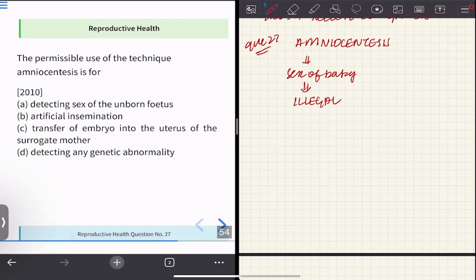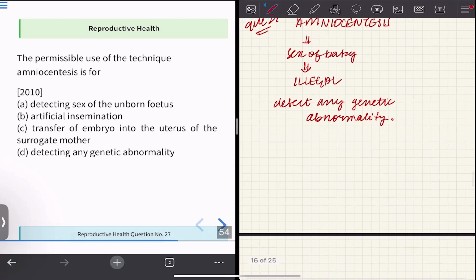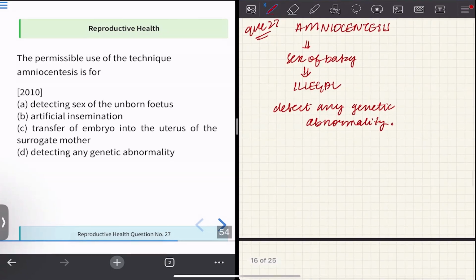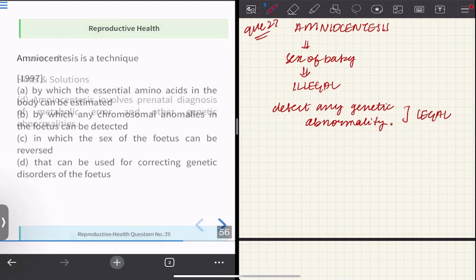We can do it to detect any genetic abnormality. So it can be done legally. This one is legal. And for determination of sex of the baby, it is illegal.